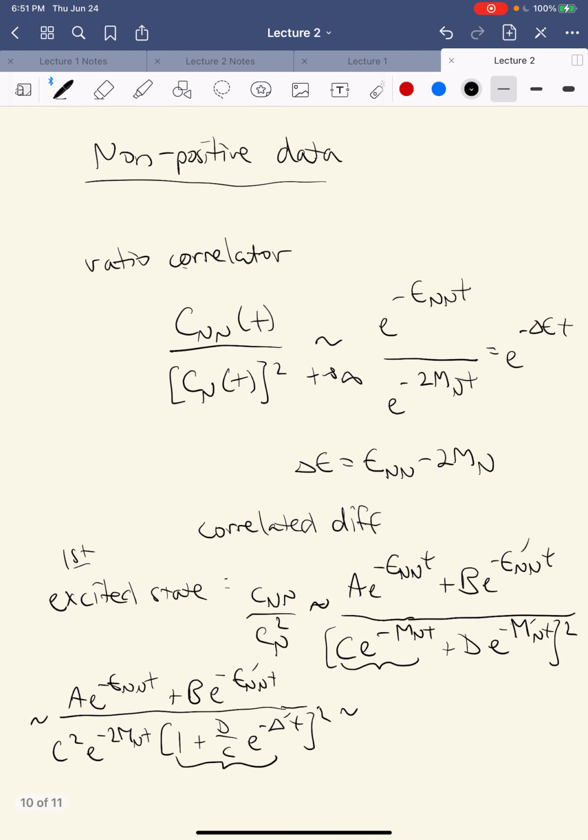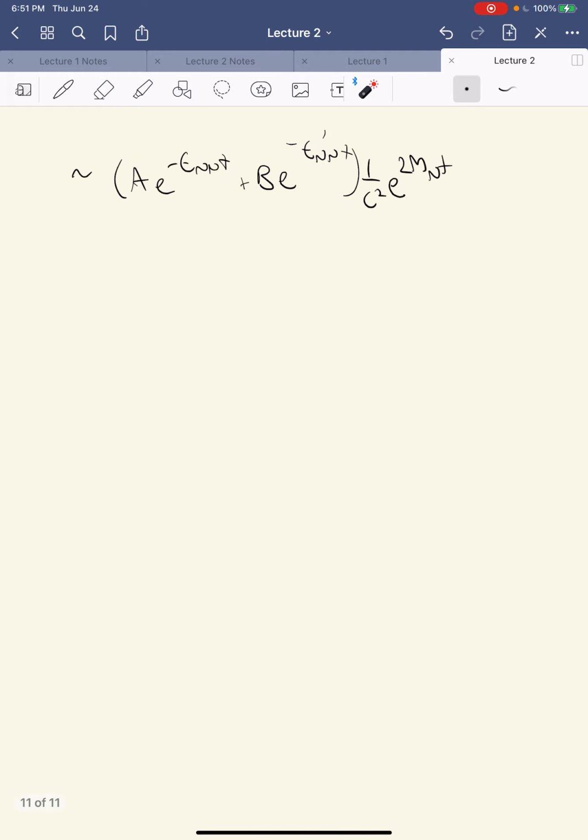So that's just this. And then I'm going to expand this, assuming that the second term is small. I'll write it down here. And then higher order terms. Okay.